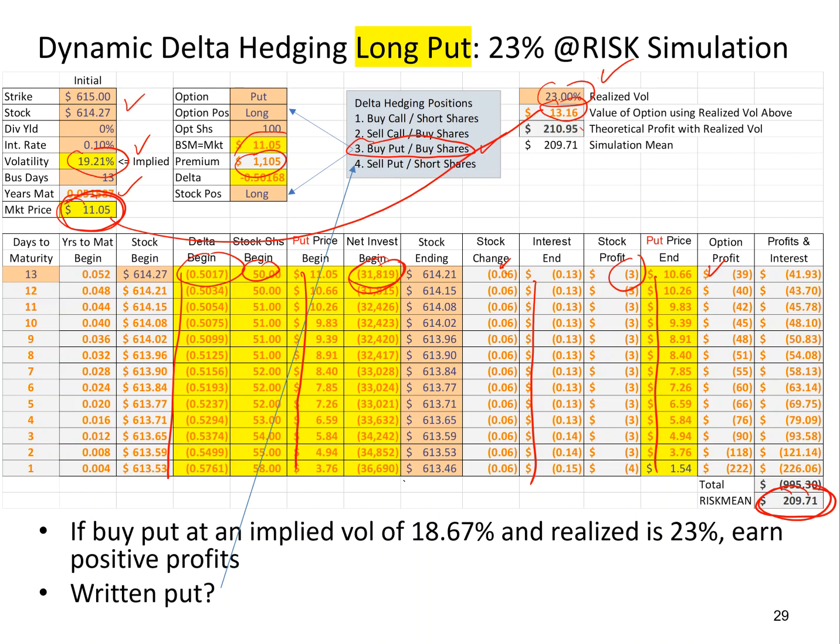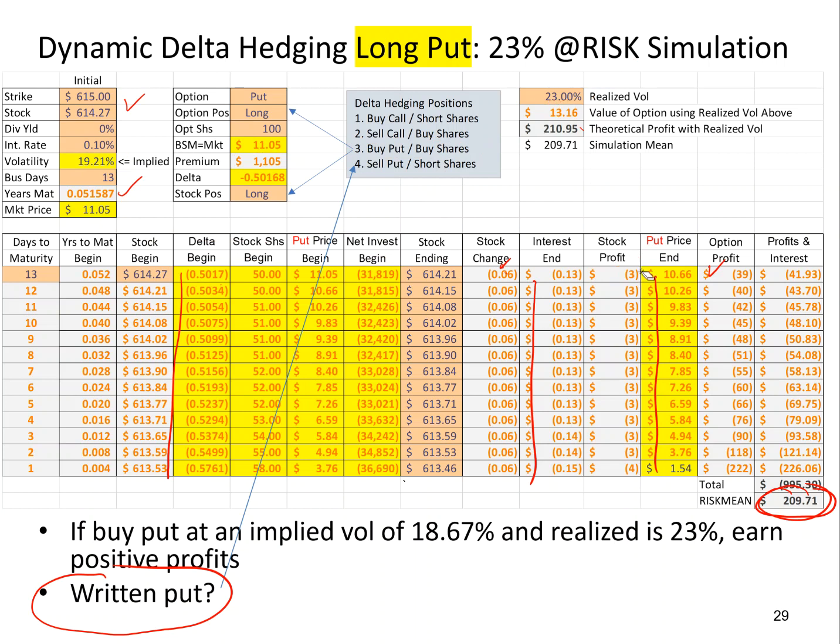Now, the one position I'm not going to show you, I'm going to give you as a homework assignment to complete: what if I take this spreadsheet and make it a written put? In other words, what if I believe vol is going to be lower than 19.21? So I'm going to ask you to develop a strategy to write the put and delta hedge. If you do that, you're going to write the put and you're going to short 50 shares.